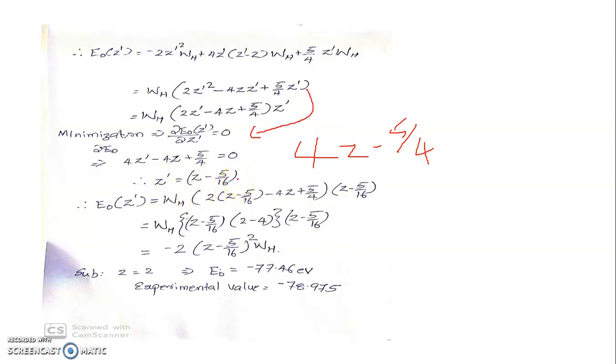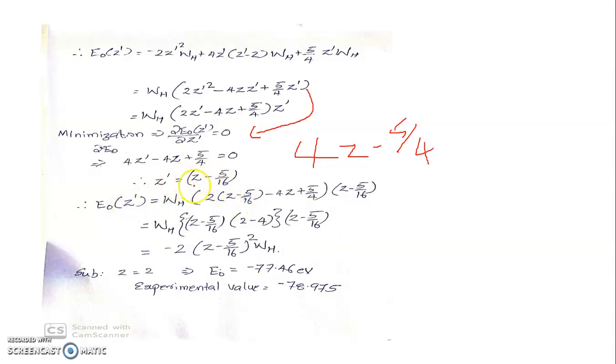So this is the effective charge of the nucleus being felt by both of the electrons in the helium atom due to the presence of the other one. In helium Z is 2, so effectively this will be less than 2. The nuclear charge being felt by both of the electrons will be effectively less than 2. It will be 2 minus 5 by 16 approximately.